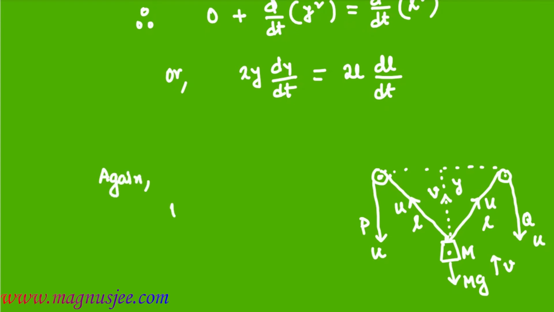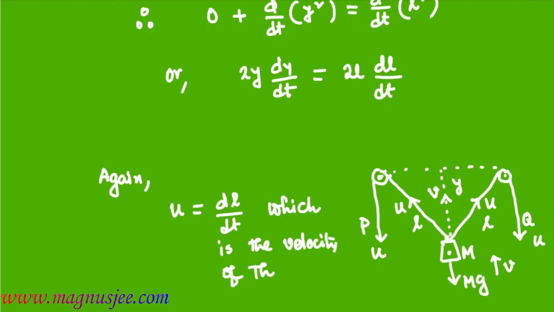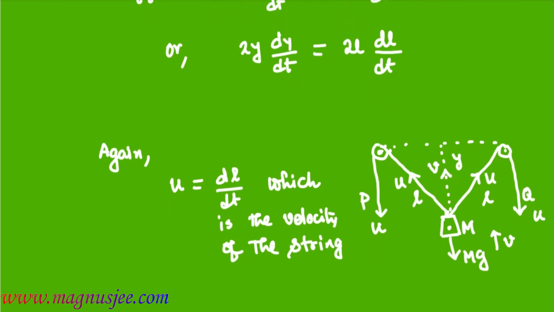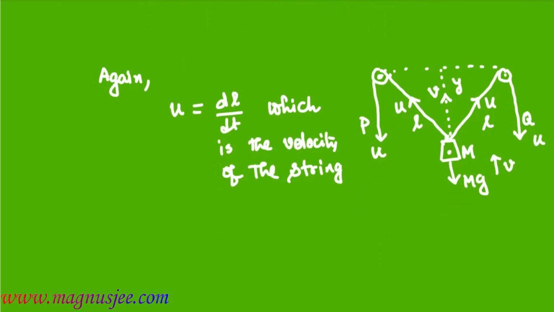Again, u is the velocity with which the string is pulled downwards. Therefore, u equals dL/dt, because u is parallel to L. It is the velocity of the string, or the velocity of the free ends of the string.